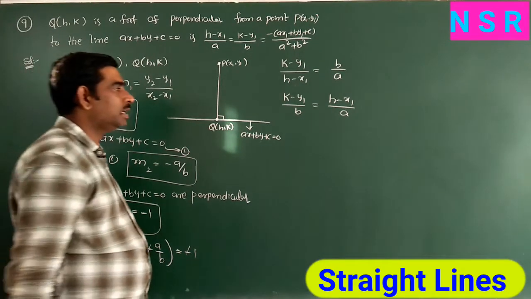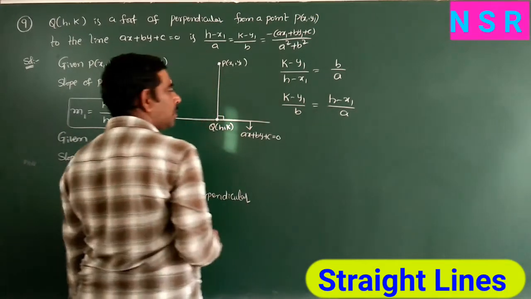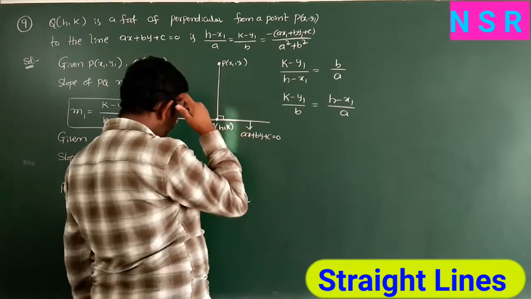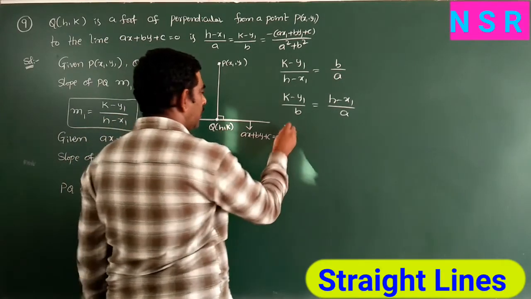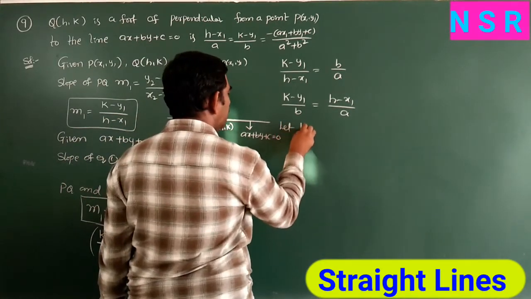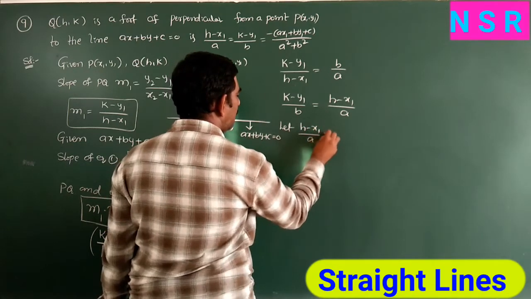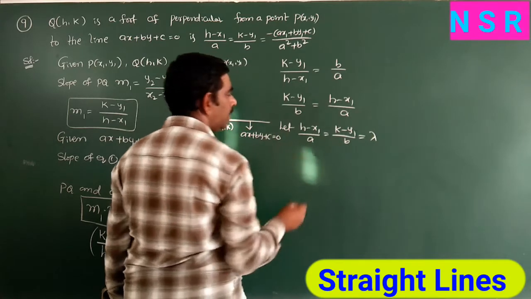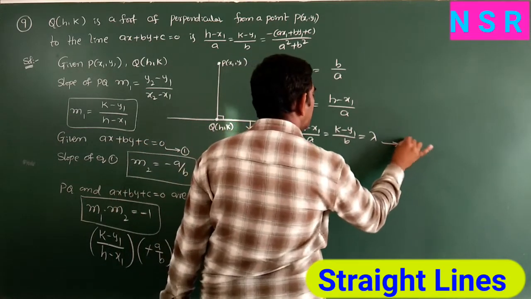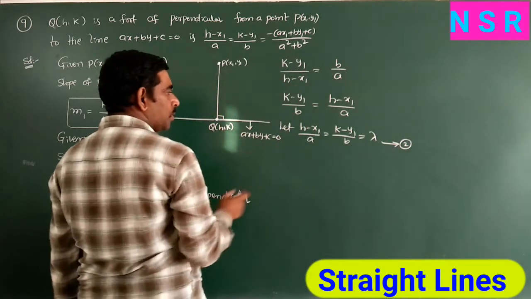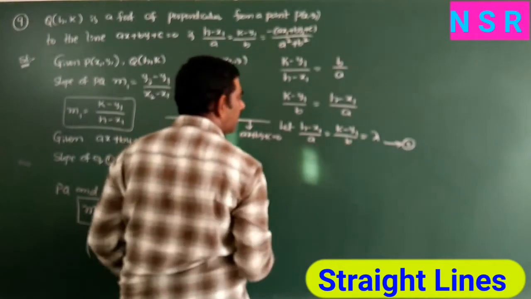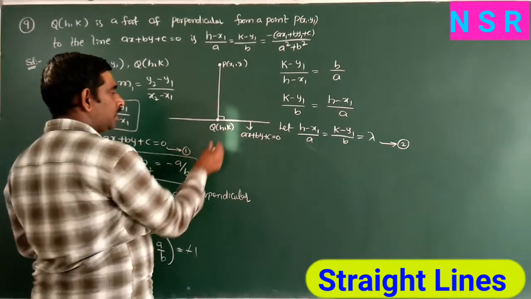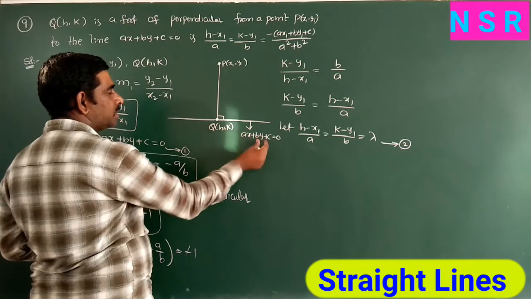Now consider these two values equal to some constant, alpha, beta or any lambda. Let h minus x1 by a equal to k minus y1 by b equal to lambda. Take it as equation number 2. Equating these two terms to lambda, we find h, k. Why? Because this point Q(h, k) lies on this line.